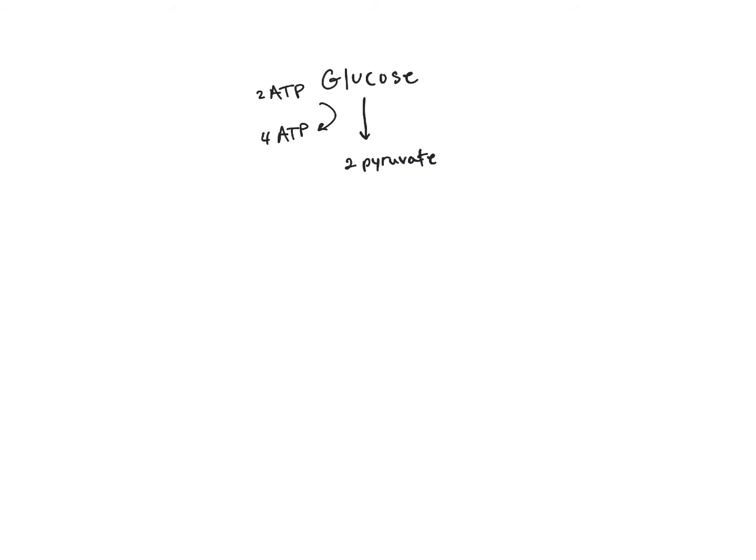So organisms that have access to some kind of electron acceptor, what are they going to do? They're going to run those pyruvates through the Krebs cycle. We had other names for that, TCA cycle or tricarboxylic acid cycle.